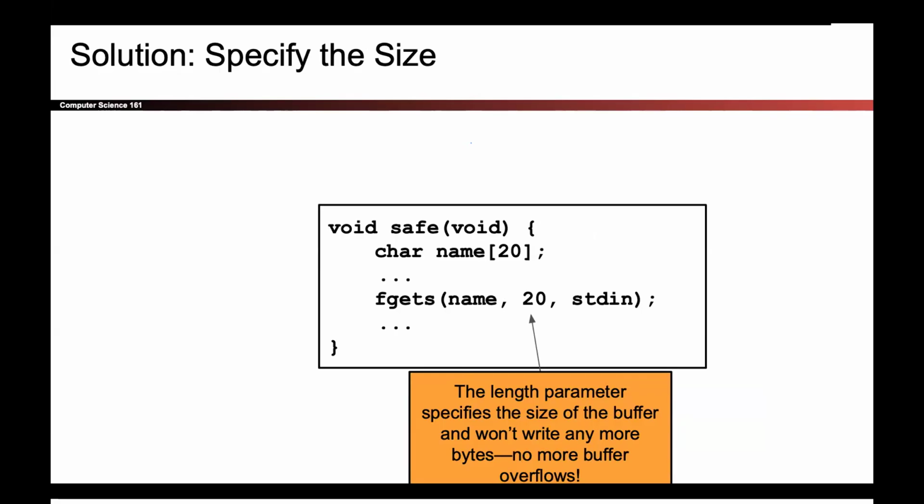Many of the standard C library functions provide a way to specify how much space was allocated, so that they will check and refuse to write right beyond the end of the space that was made available for them. Okay, so that's the fix. Basically, do bounds checking to make sure that all of your accesses to these arrays or buffers are not outside the extent of the buffer.